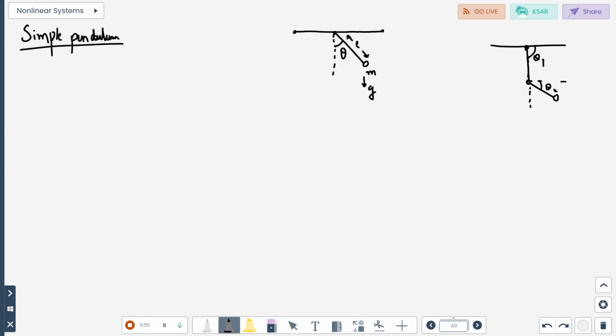There are 2 independently varying angular positions, theta 1 and theta 2, and therefore the degree of freedom is 2, whereas for the simple pendulum case that we have taken, the degree of freedom is only 1. There is only one independently varying state variable, the angular position theta.